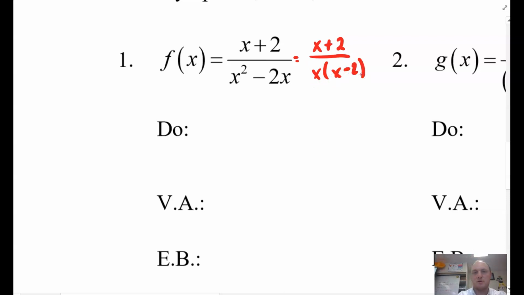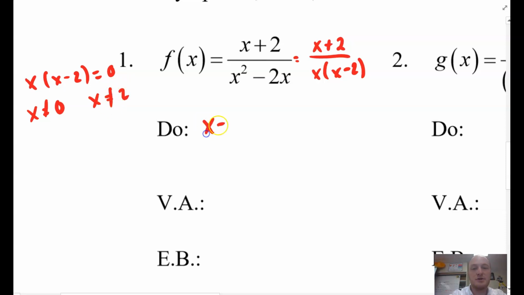Notice I don't want a denominator of 0, so I can set my denominator equal to 0, saying x can't be 0, and x cannot be positive 2. So these are your domain restrictions.